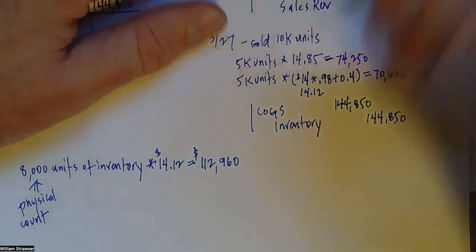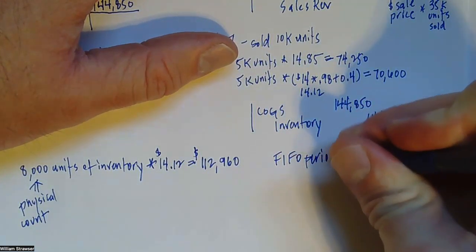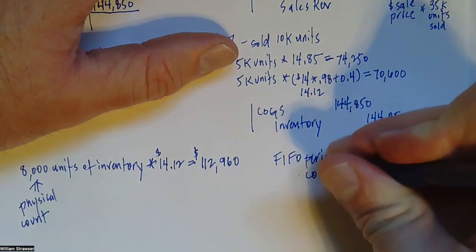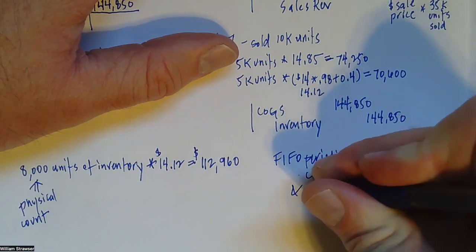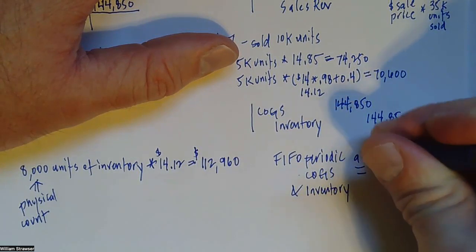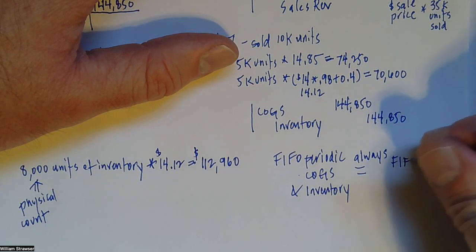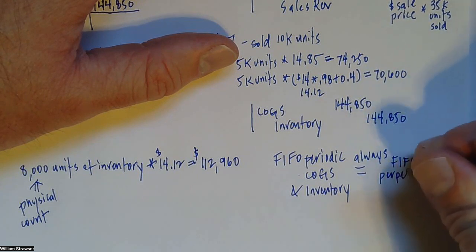And that's not to be surprised because FIFO periodic COGS and inventory will always equal FIFO perpetual COGS and inventory.